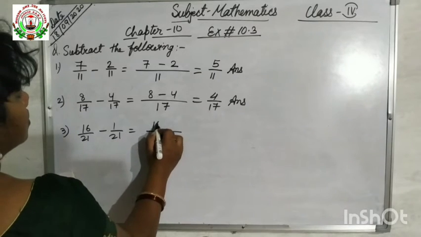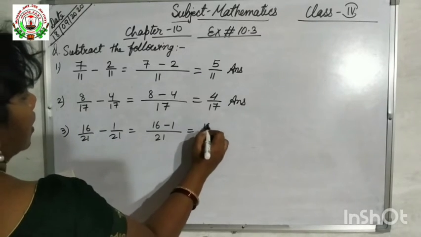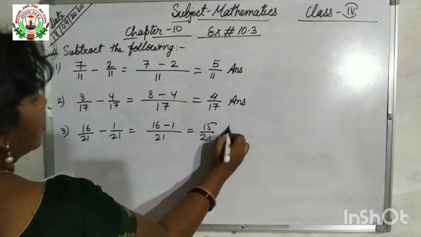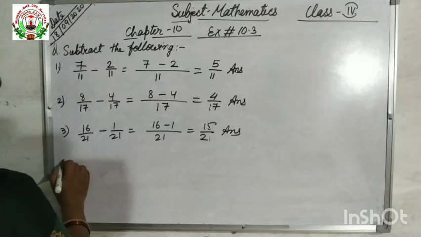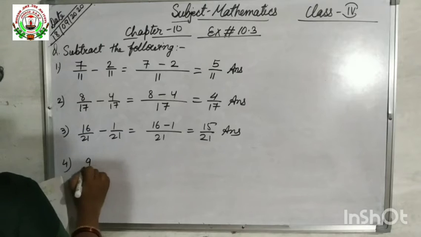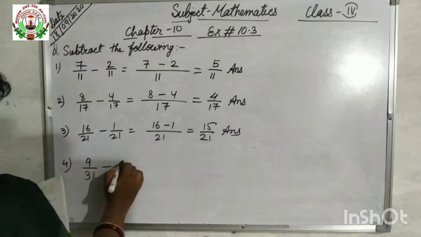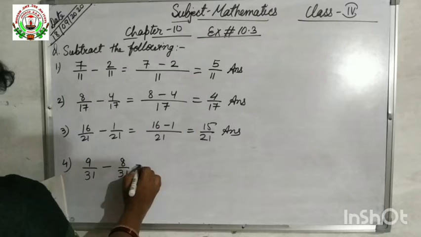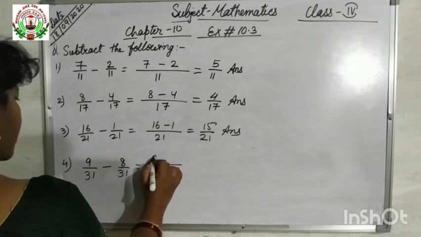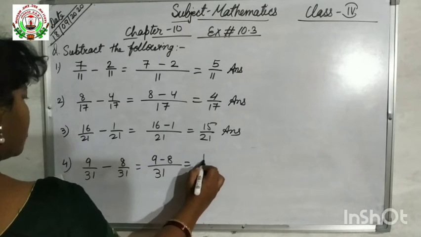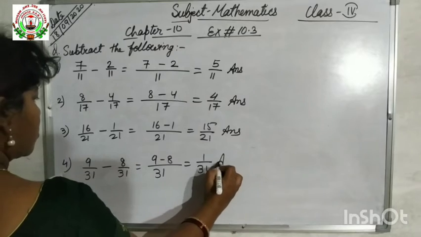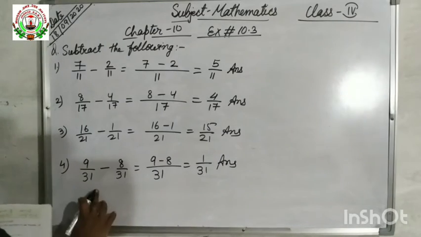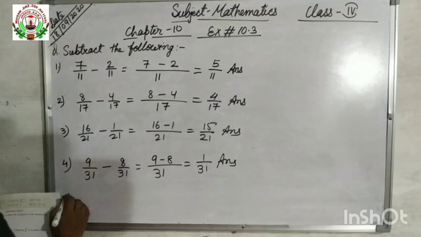Again 21, 16 minus 1, that is 15 by 21. This is the answer. Number 4 is also the same, 9 by 31 minus 8 by 31, 9 minus 8, that is 1. Understood? So we only subtract the numerators and write the denominator only one time.